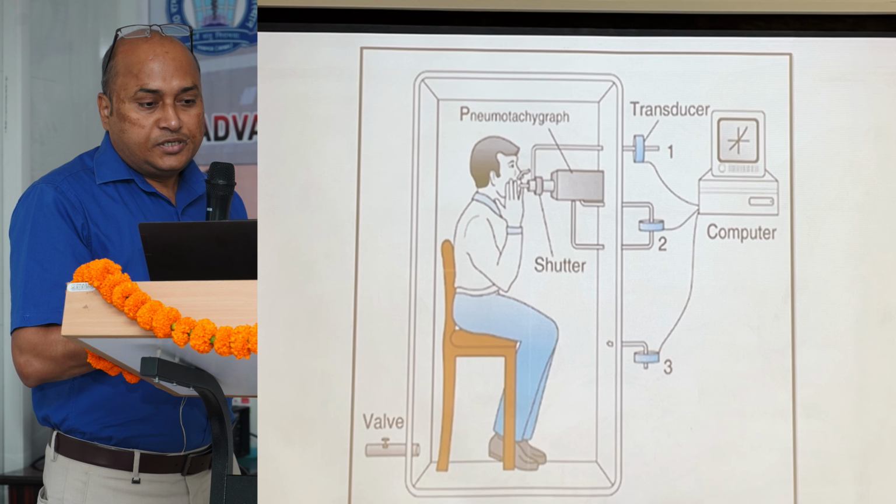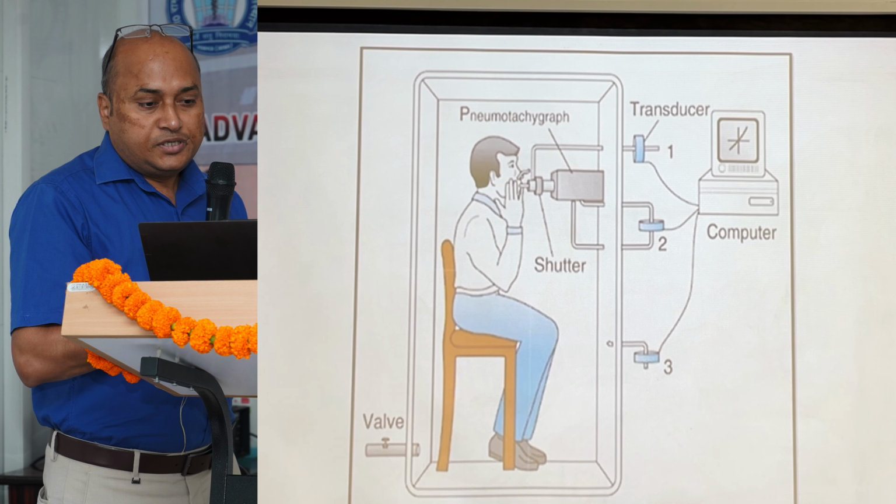All these transducers are connected to an amplifier because the changes are very little, and they get amplified. These amplified results are connected to the computer and plotted against the x and y axis. We are clinicians; we don't go into the mechanism behind this.